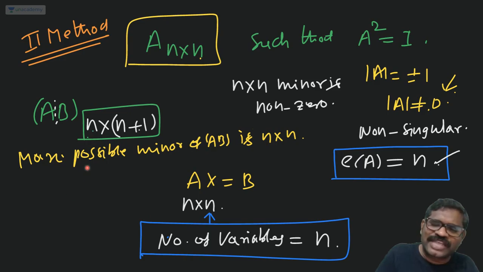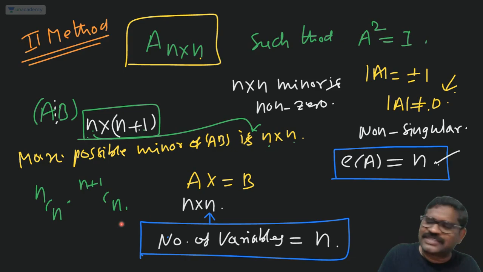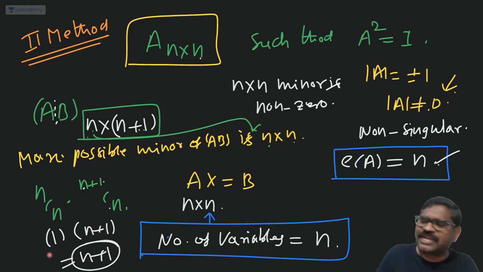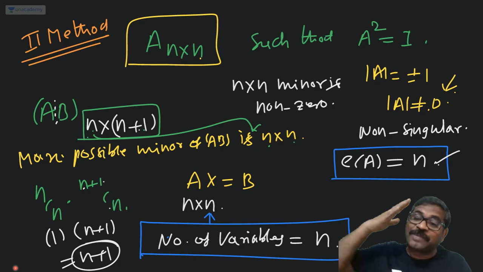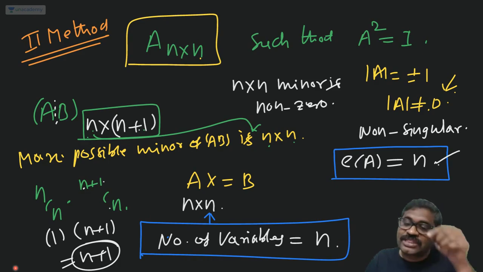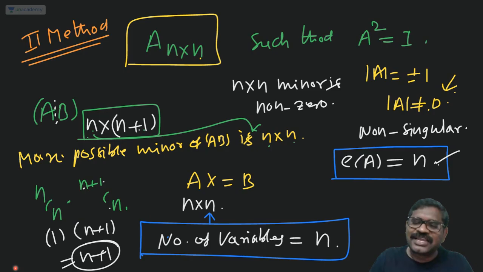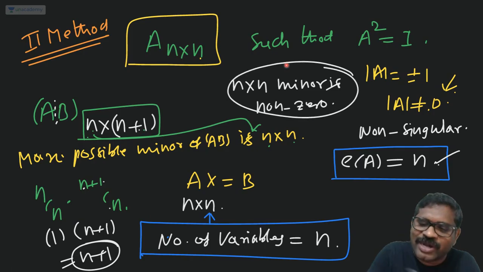You are going to select n columns from n plus 1, so n plus 1 C n. n C n is nothing but 1, and n plus 1 C n is nothing but n plus 1. Total, n plus 1 n cross n minors.